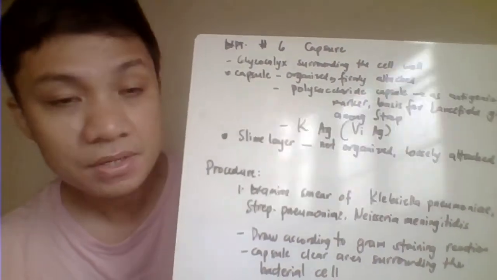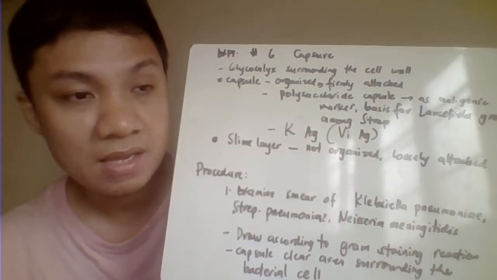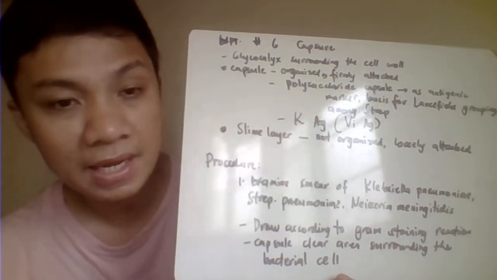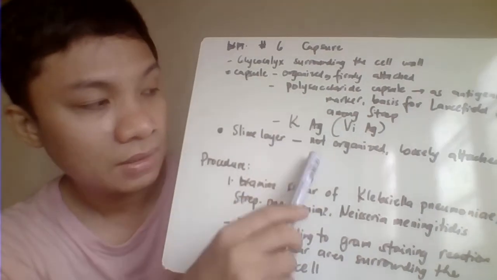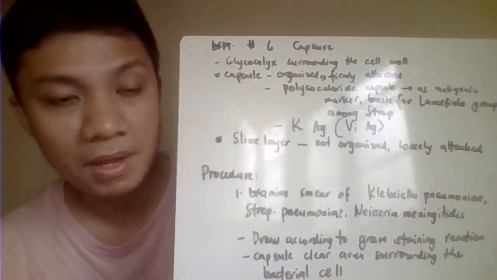The capsule can be differentiated from the slime layer because the capsule is firmly attached to the bacterial cell wall and is organized. Compared with the slime layer, which is not organized and is loosely attached to the bacterial cell.